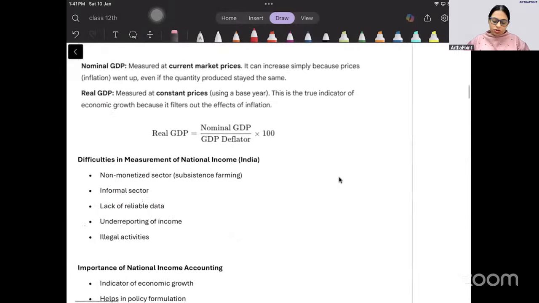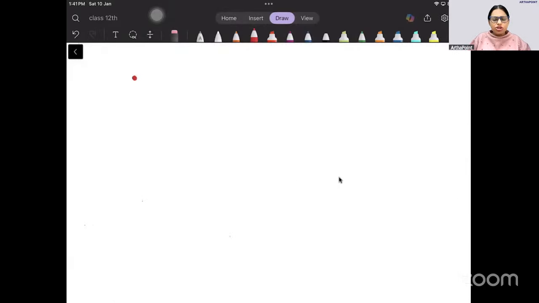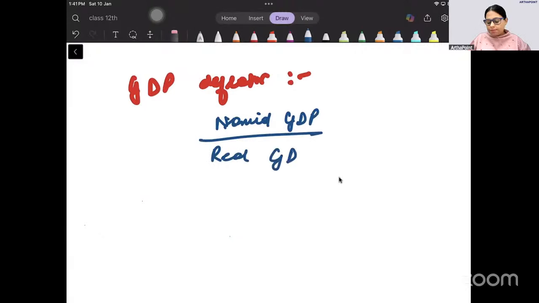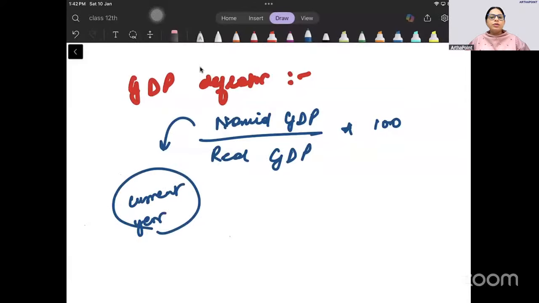Now let's talk about real GDP and the GDP deflator. The GDP deflator is nominal GDP divided by real GDP into 100. Nominal GDP will be at the current year, right?